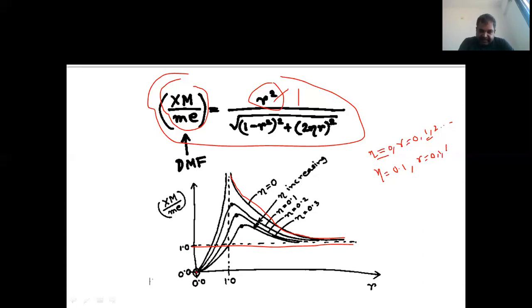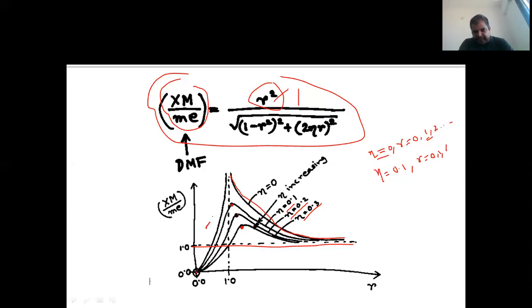If you plot this, this curve will come. Then when you take eta equal to 0.2, eta equal to 0.3, and so on, these curves will come. If you see here, the peak is now on the right side of 1. In the previous case, the peak was on the left side of 1.